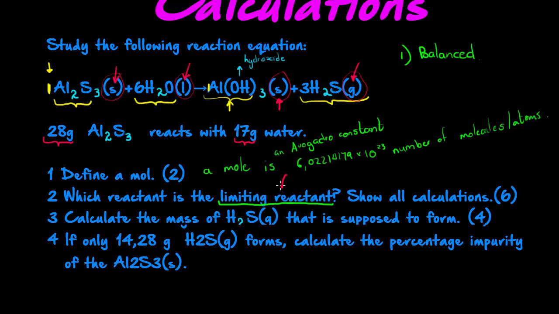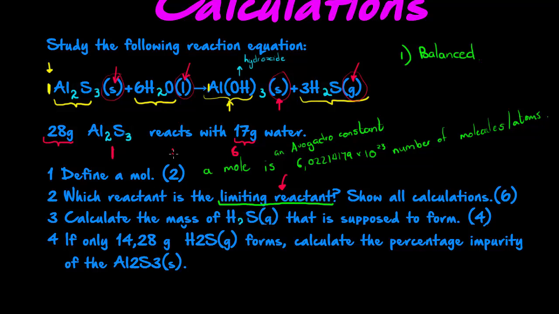That is the limiting reactant. Okay, so if I want to work out the limiting reactant, I need to see which one I have in excess. For every one of these, I need 6 moles of these.